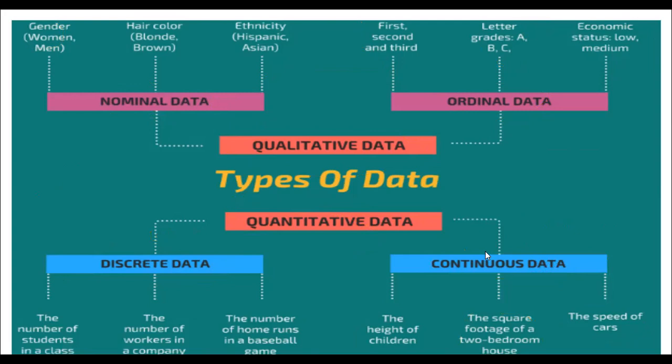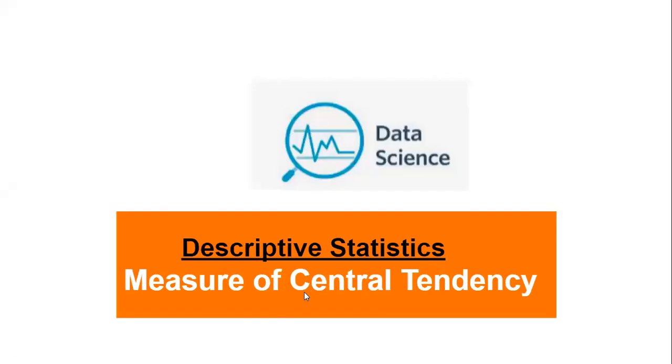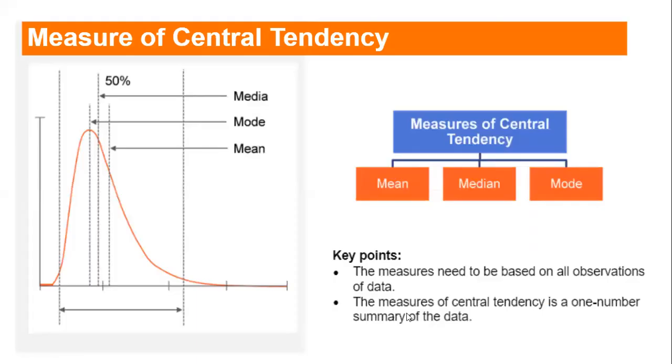Fine. Moving ahead. Now we are going to talk about descriptive statistics. The first part is measures of central tendency. What is a measure of central tendency? Central tendency means we are talking about something around the center.